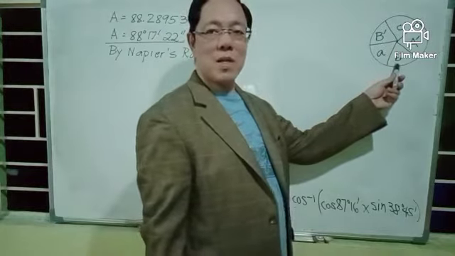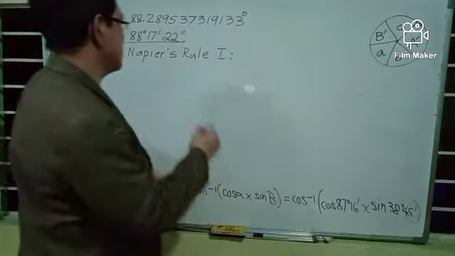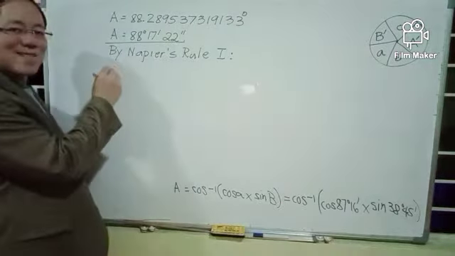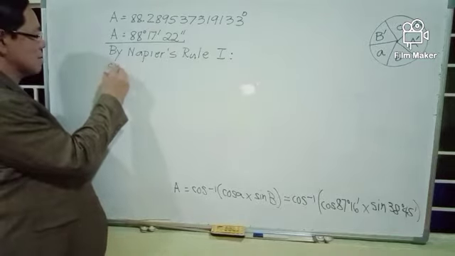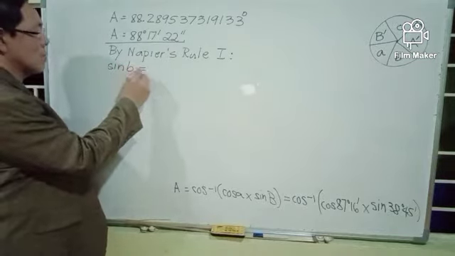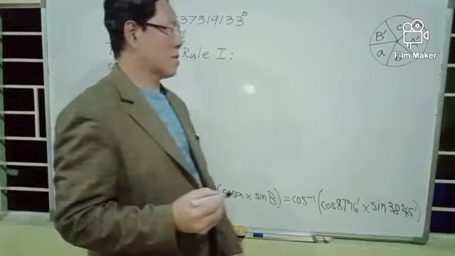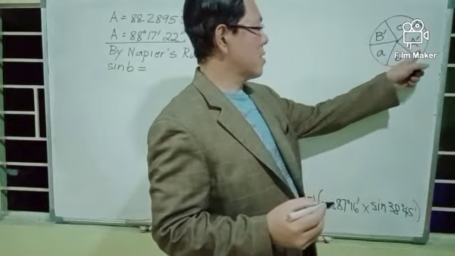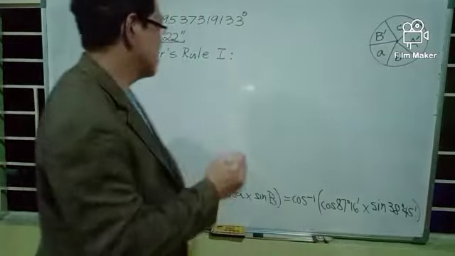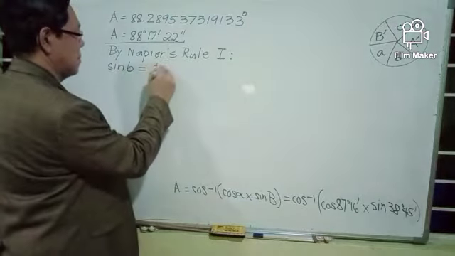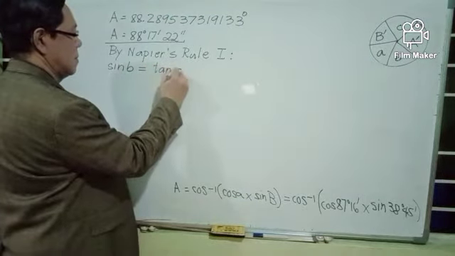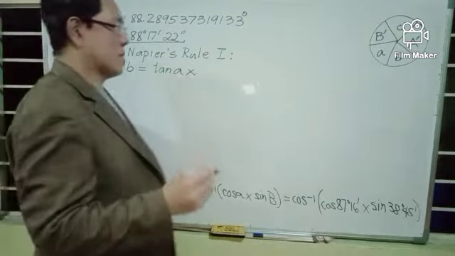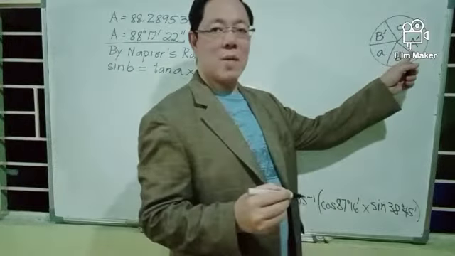The sine of the middle part, sine of small b, is equal to the product of the tangents of the adjacent parts: tangent of small a times the tangent of capital A prime.